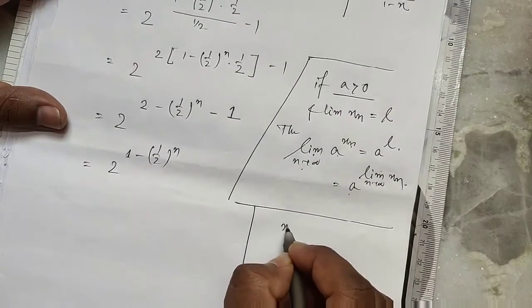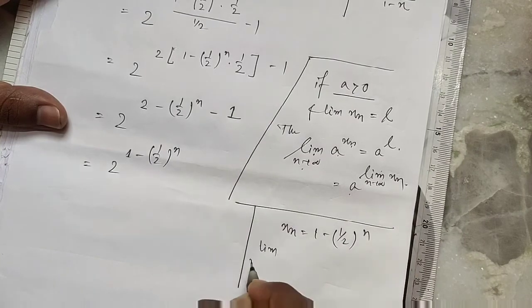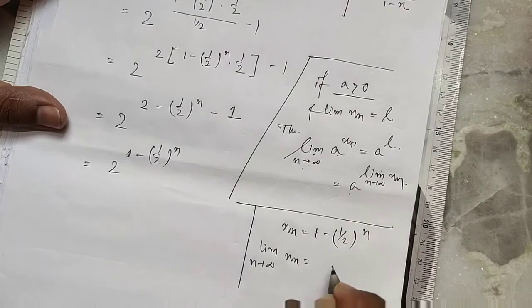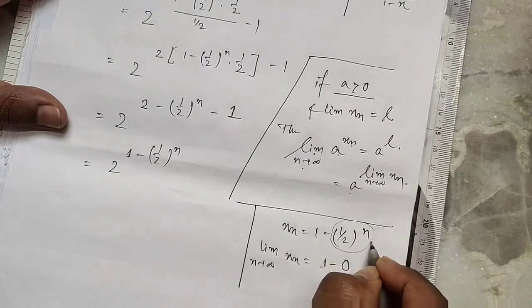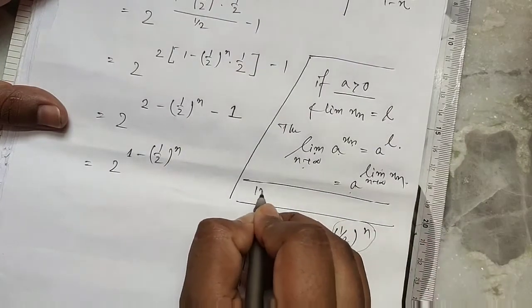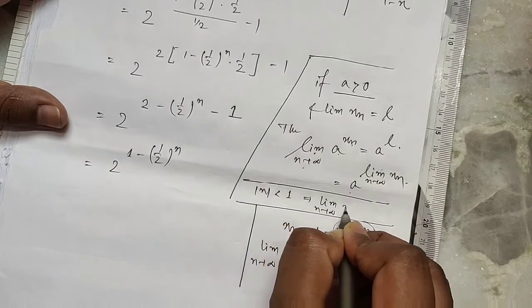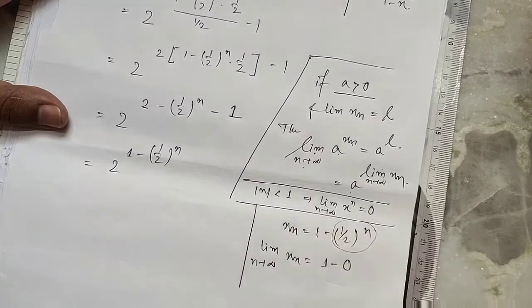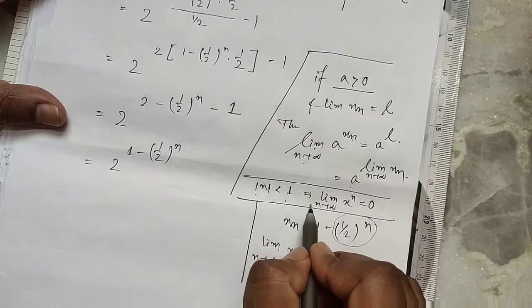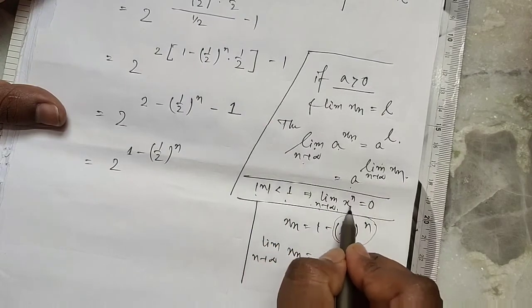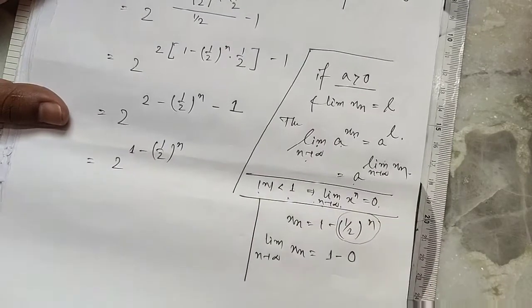If we take xn equal to 1 minus half to the power n, then limit xn equals 1 minus 0, because this converges to 0, because if mod x is less than 1, this implies limit n tends to infinity x to the power n equals 0. Okay, this is also a result, discussed in previous classes.